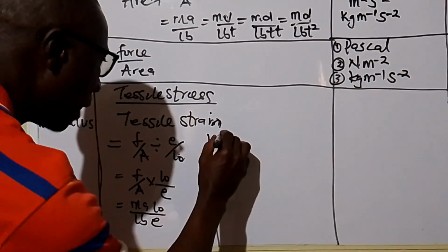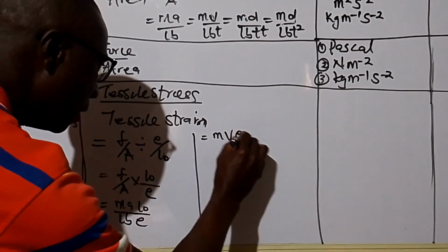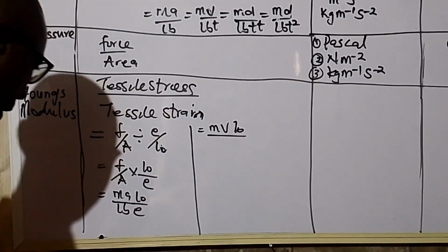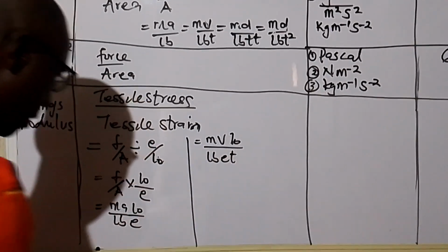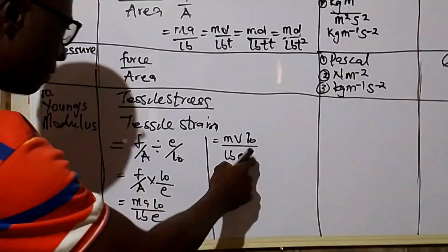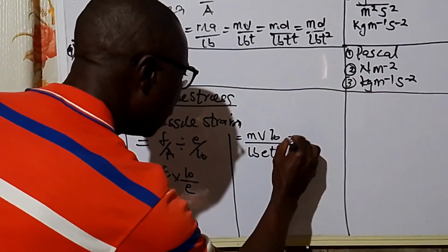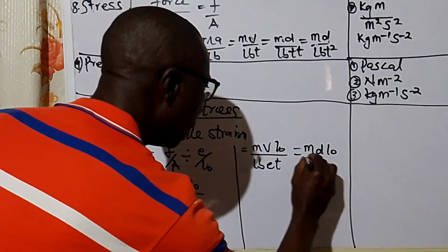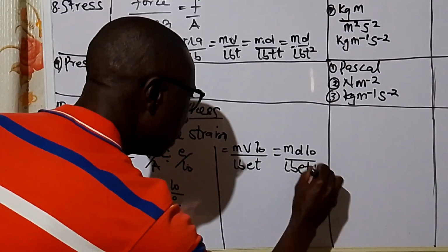We are going to have MV L naught over LB ET. Don't forget, acceleration is what? Velocity over time taken. Velocity is still derived. Let's express further. Then it will now give us M d L naught over L B A T T.